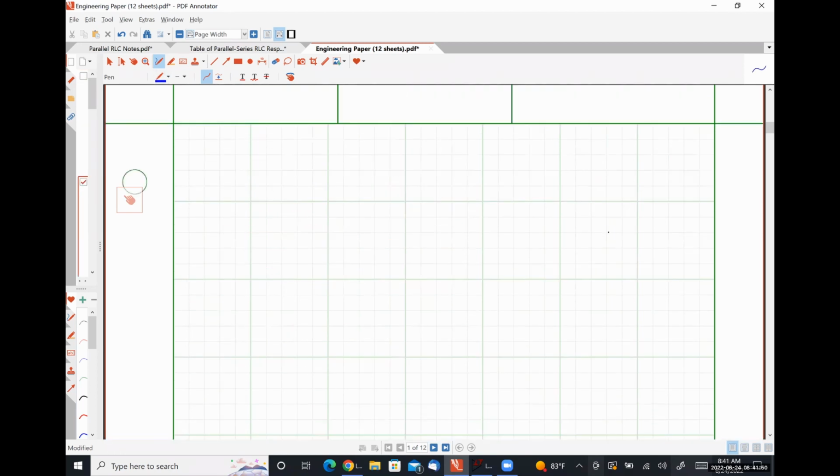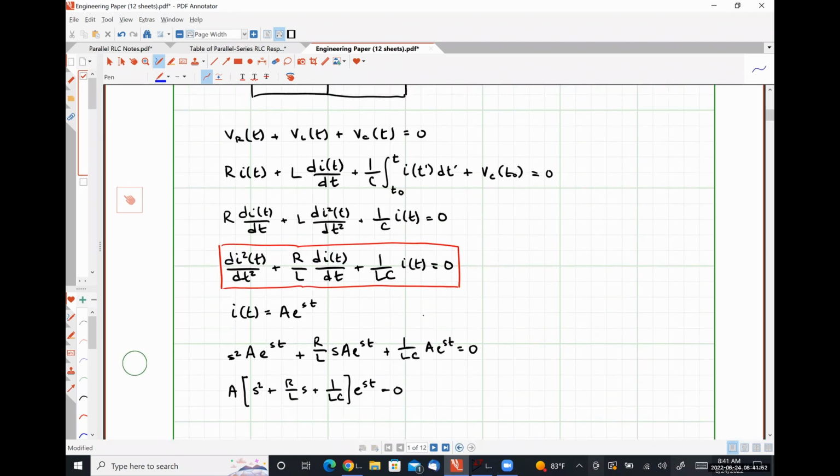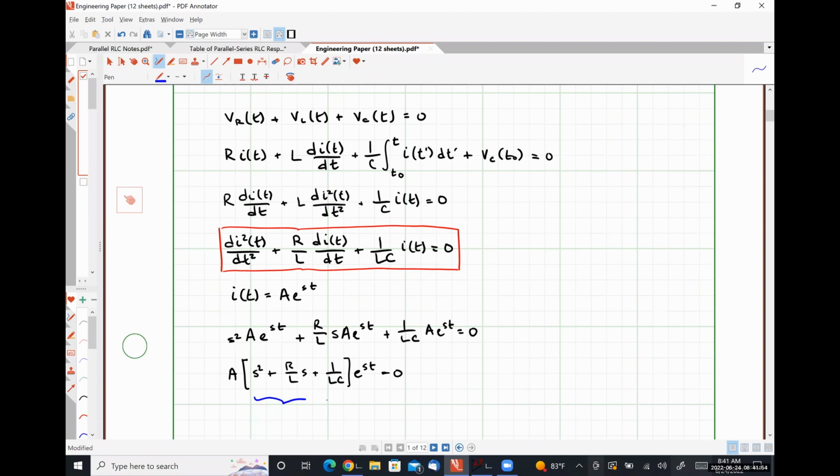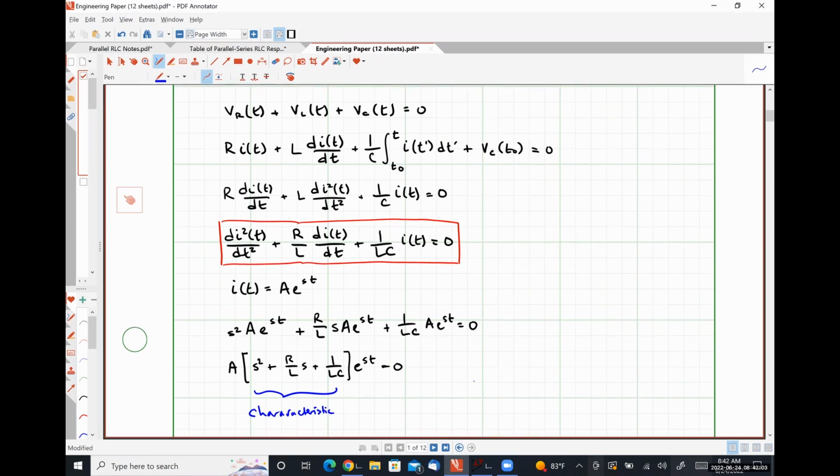And we again have a characteristic polynomial. This characteristic polynomial is a second order polynomial or quadratic. So once again, we will use the quadratic equation.